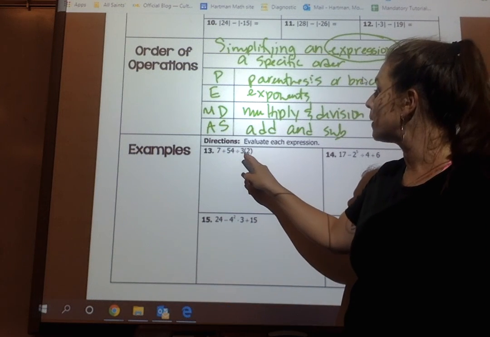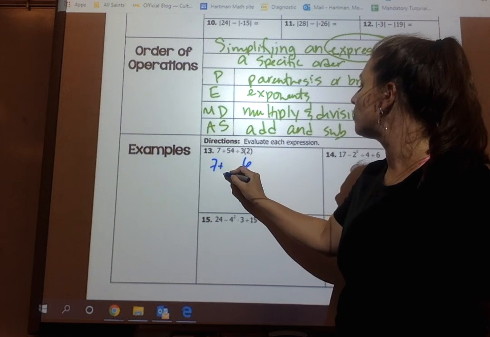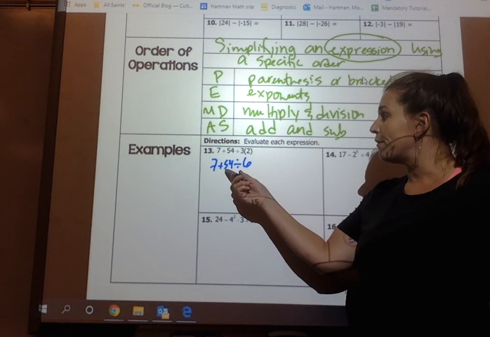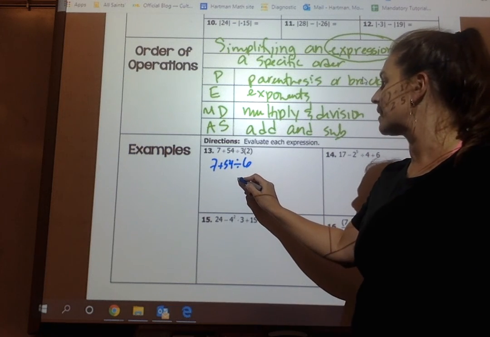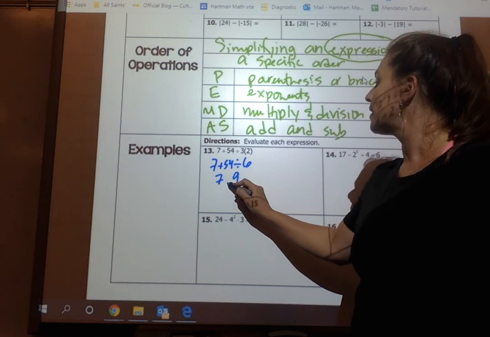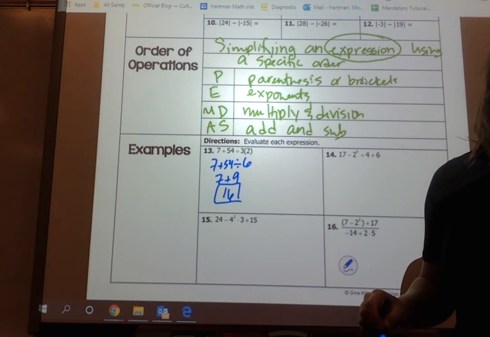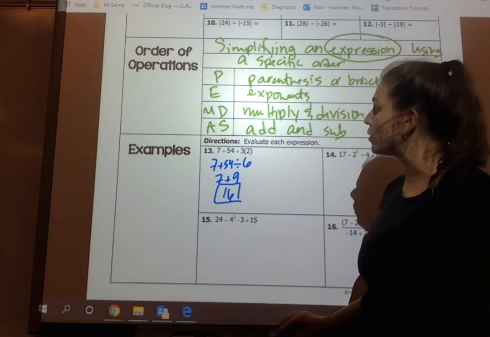This is multiplication, 3 times 2, which is 6. So now I have 7 plus 54 divided by 6. Here is division. So 54 divided by 6 is 9. So I have 7 plus 9, and I get 16 is my answer, which is wrong because I did not follow order of operations.